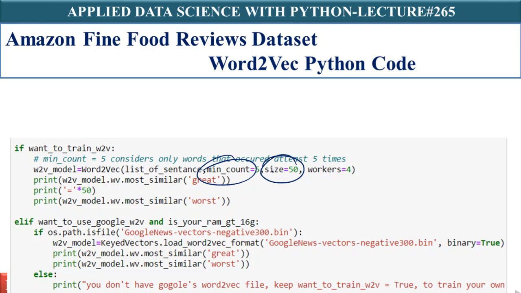What is the dimension of that corresponding vector? It is 50. Dimension of the vector that we want.